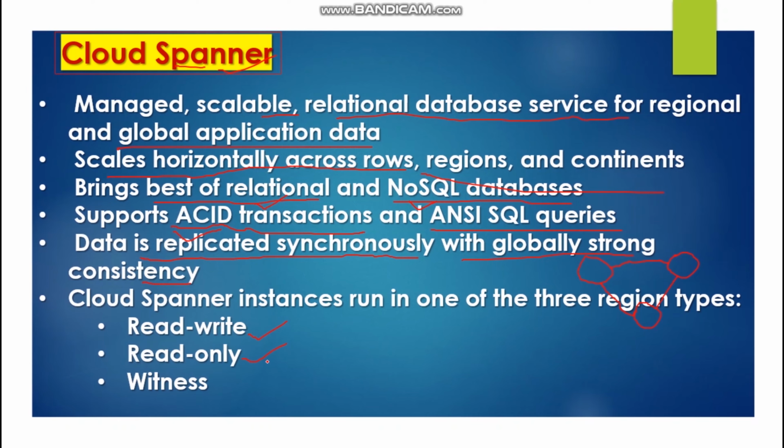That region is dedicated only to read-only operations. And there is a witness. Across all these regions, one region is dedicated to synchronizing the data within all instances. That means it keeps all the nodes of the application healthy and the data is synced in real time. So that's all about Cloud Spanner.